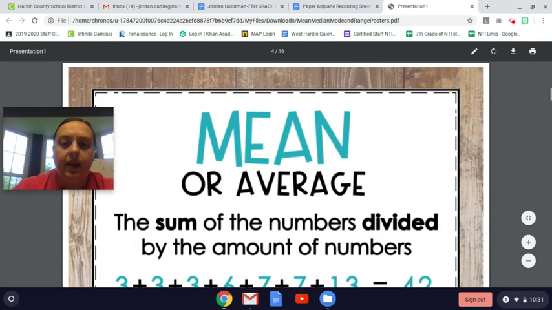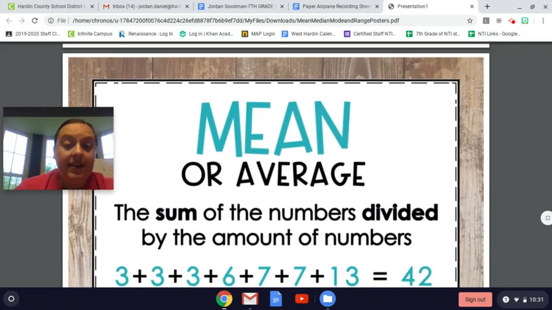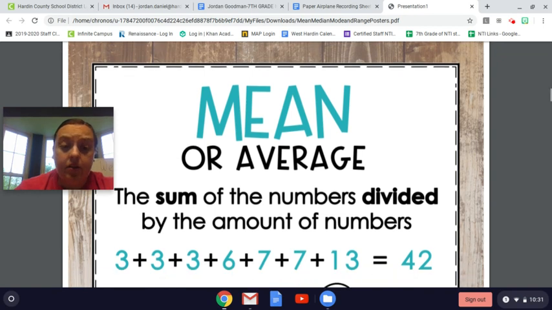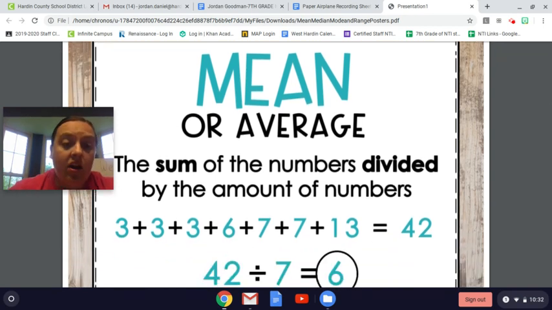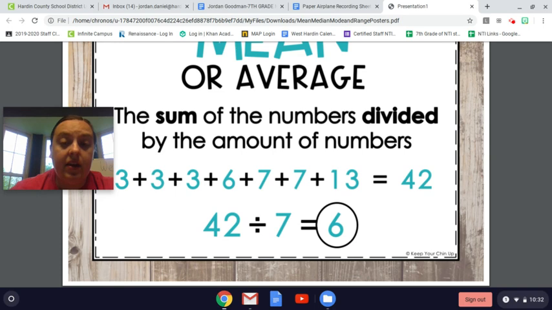Mean is the same thing as average. To find the mean, you add all of the numbers up and divide them by how many there are. So for yours, you'll have 5 numbers. You'll add all those numbers up and then divide by 5. Hopefully it doesn't come out as a wonky number, but we all know how that goes.